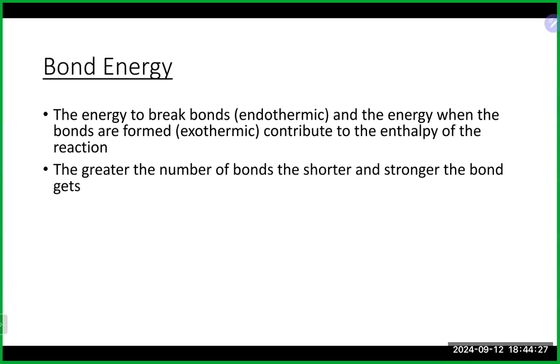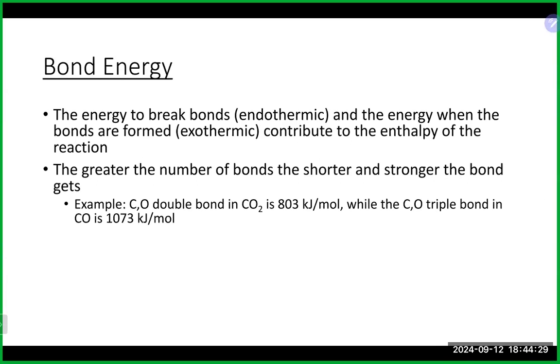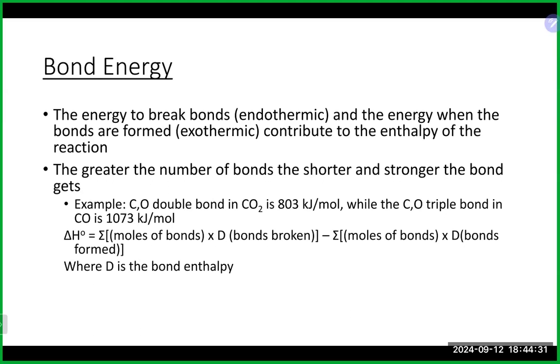So speaking of energy and bond strength, let's talk a little bit about bond energy. This will probably be one of the only times we do any type of energy calculations. When we make bonds and when we break bonds, these are endothermic and exothermic processes.